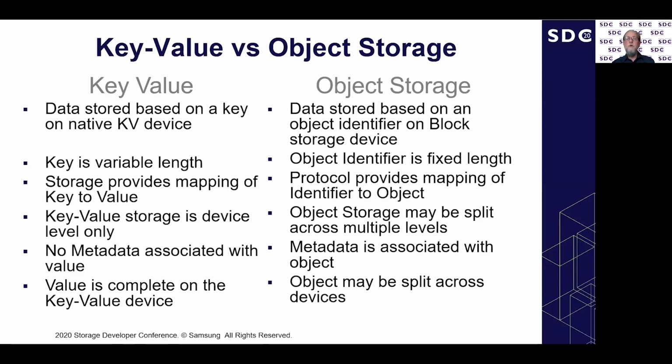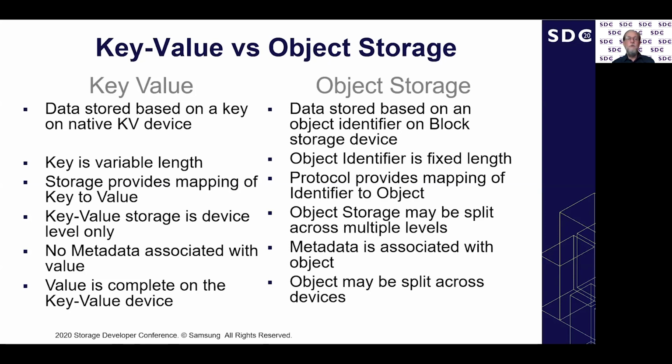In object store, the data is stored based on an object identifier, but typically it is stored on a block storage device. Now, as we move forward, you may find that you are actually taking your object and your object identifier and using those to map onto a key value device. That may save you some, but you still have that translation that has to happen due to some of the other differences as we go down this list.